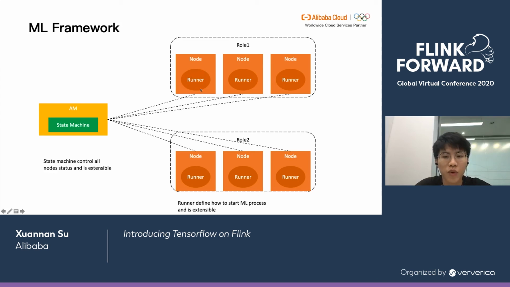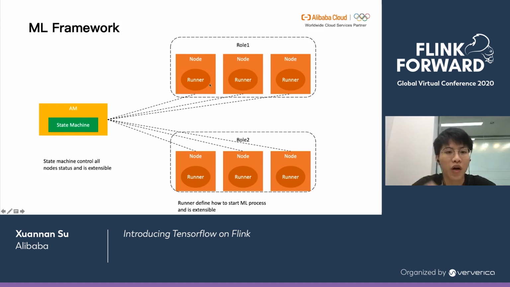It is responsible for the actual startup process and running the actual machine learning script. Different machine learning frameworks can have their own implementation of the runner so that we can support running different scripts from different machine learning frameworks.